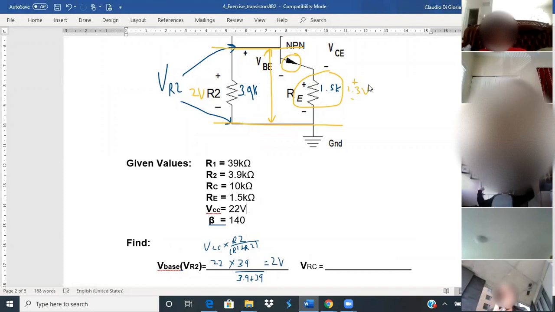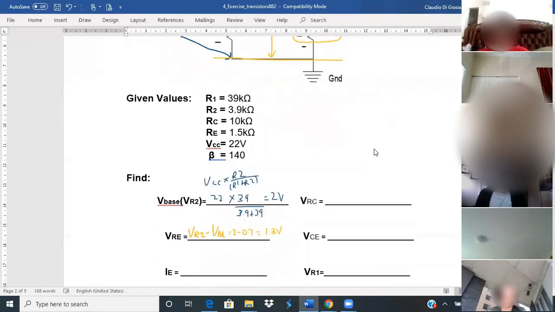Since we have the voltage and we have the resistor value, we can get this current here. This current here is IE. So how do we get IE? VRE over the value of RE.